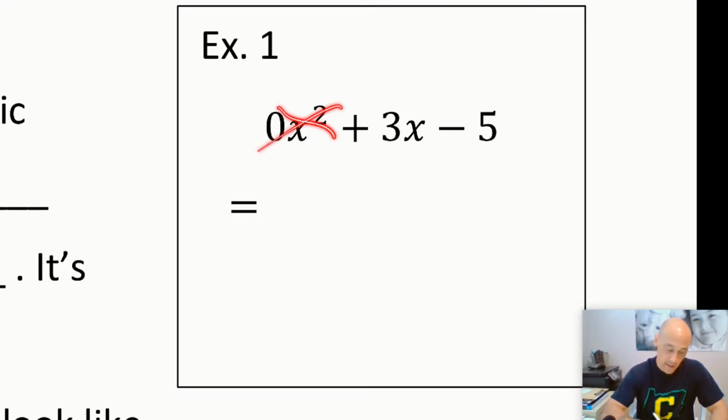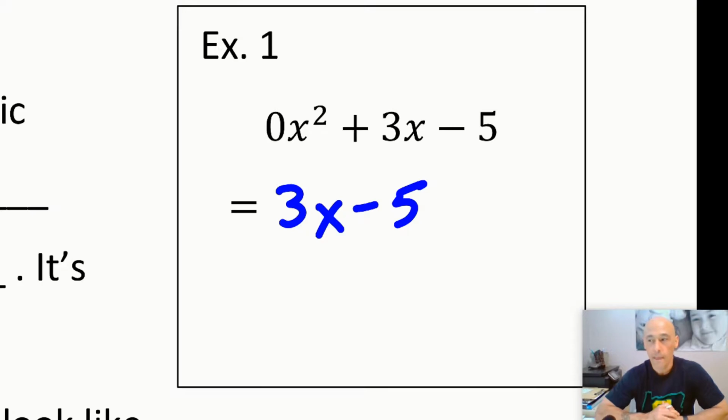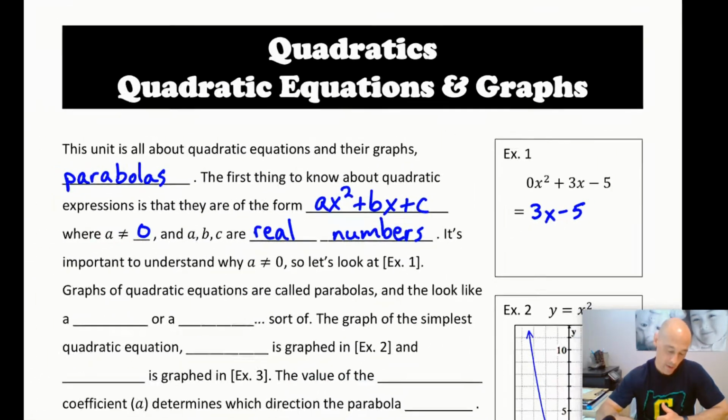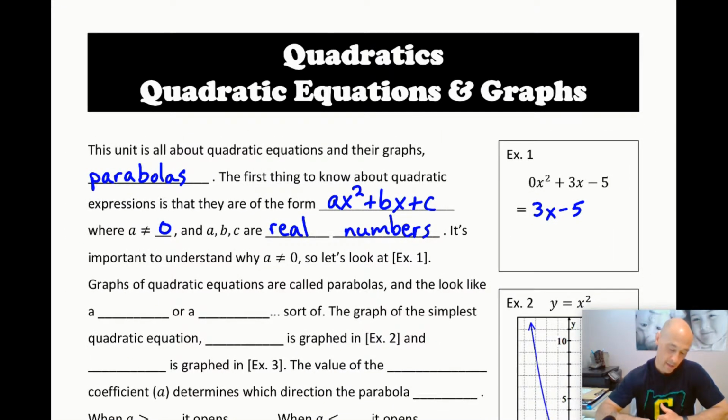So this is gone, and we just have 3x minus 5. And 3x minus 5 is not a quadratic expression. So when a equals 0, we don't have a quadratic. So a cannot equal 0 if we're talking about quadratics.